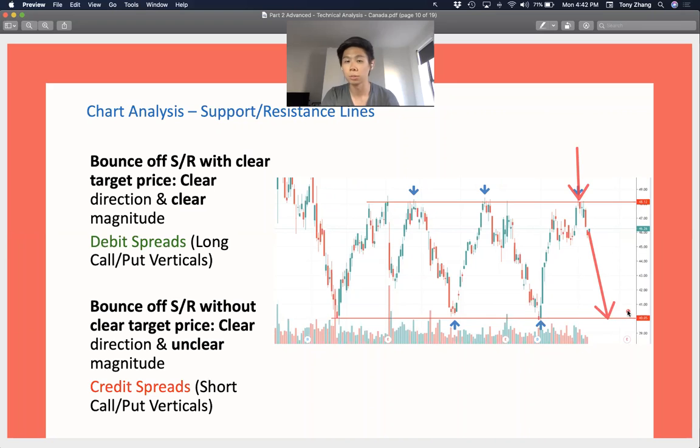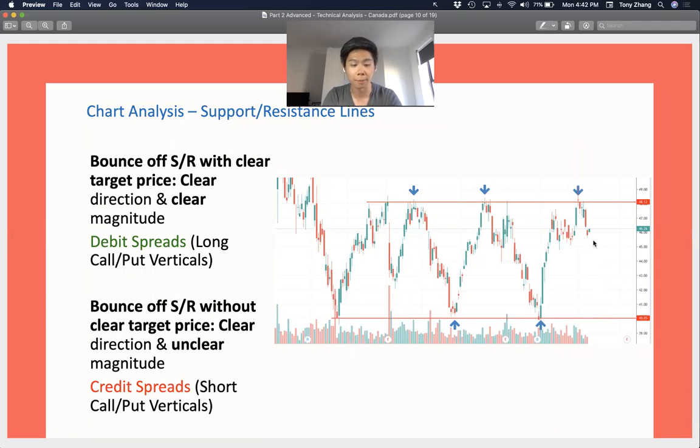Maybe that's where you look a little more at the news, right? Because if you're more bearish, then you might target this lower target. If you're not as bearish, then you're simply saying, well, 48 is a ceiling. I don't think it's going to go higher than that, but I also am not sure that it's going to go all the way down to 40. So depending on what your views are, you can trade the strategy that closely matches your views.